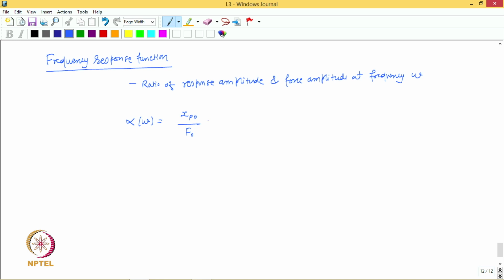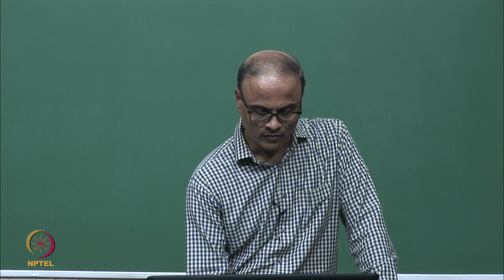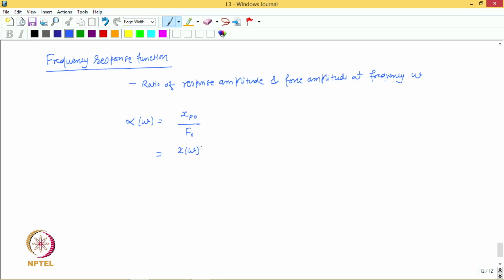More formally, if we use x of omega to represent the amplitude of the steady state part, and f of omega represents the amplitude of the force being applied, then alpha of omega is x of omega upon f of omega.